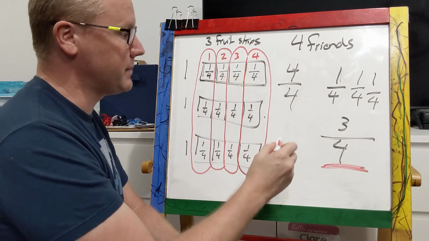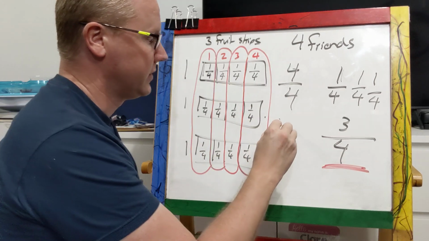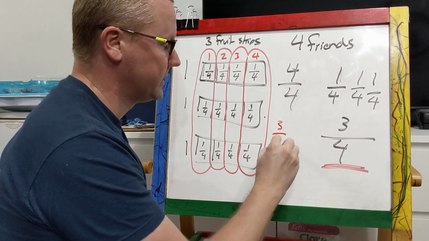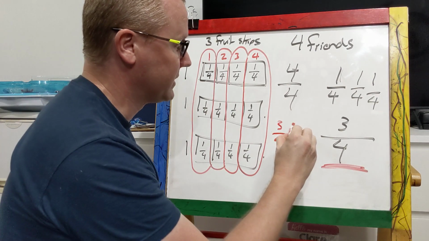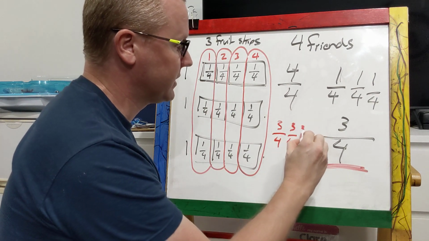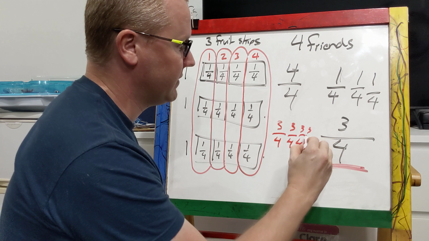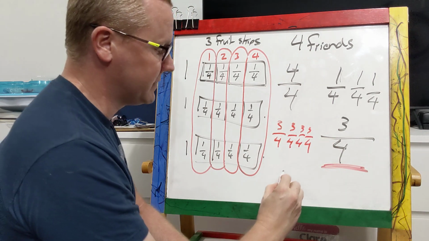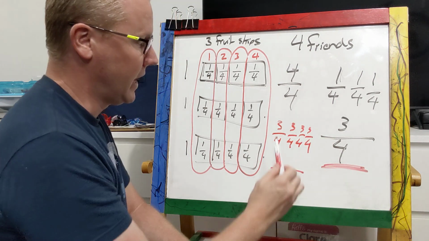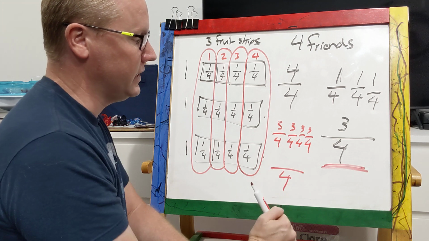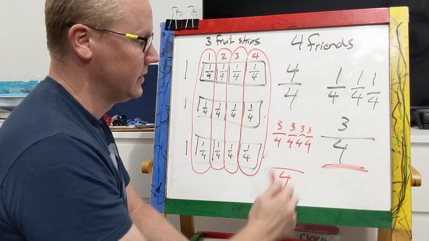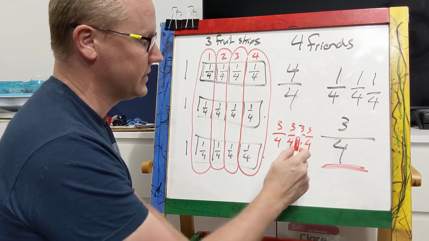And if we were to add up all the friends, this is just bonus material, 3/4 plus 3/4 plus 3/4 plus 3/4. Again, the bottom stays the same, and for the top we add: 3 plus 3 is 6, and 3 plus 3 is 6.